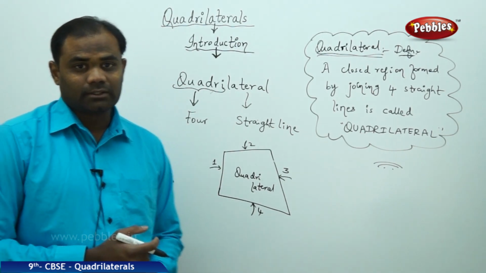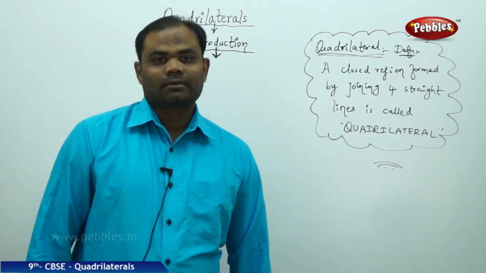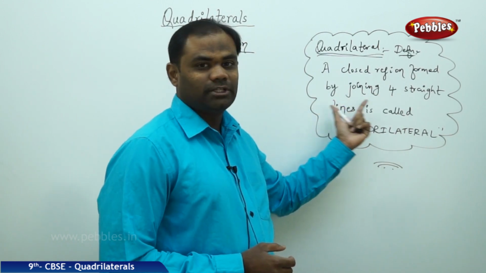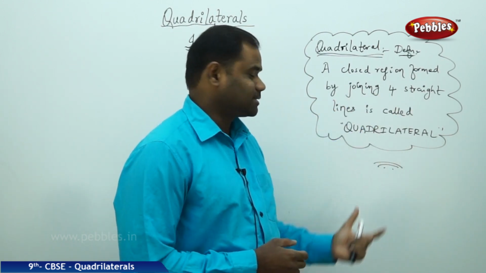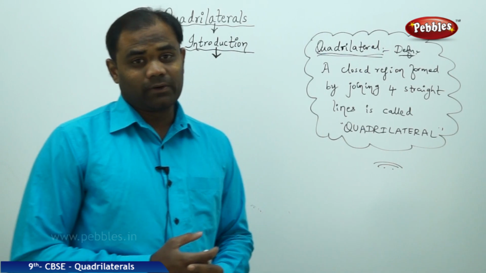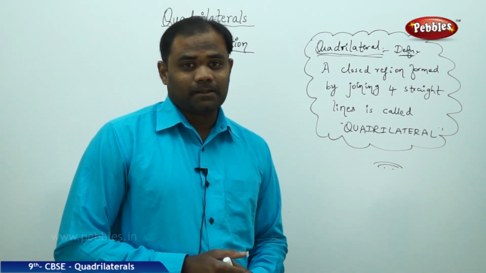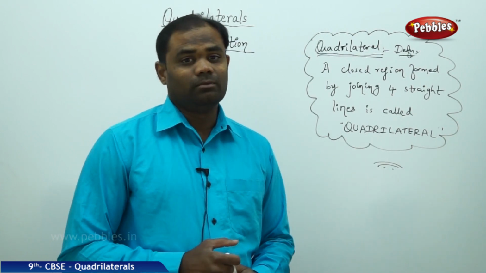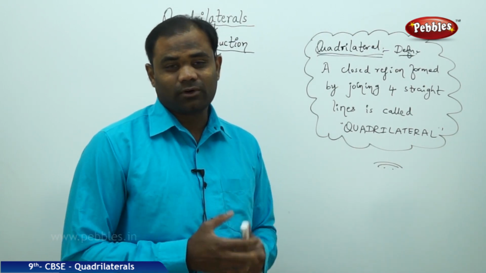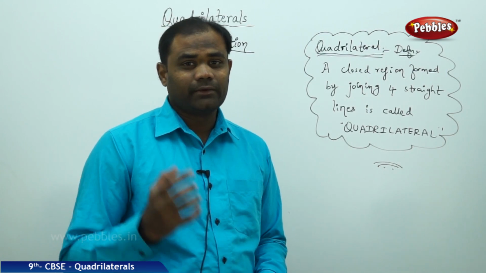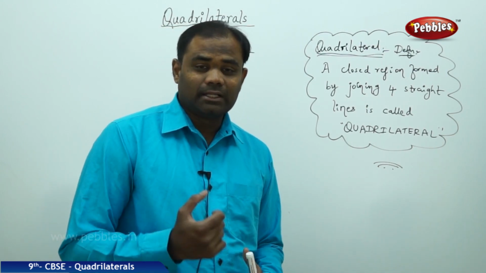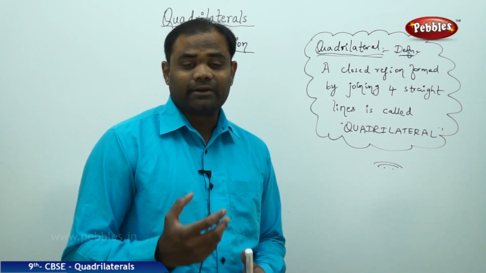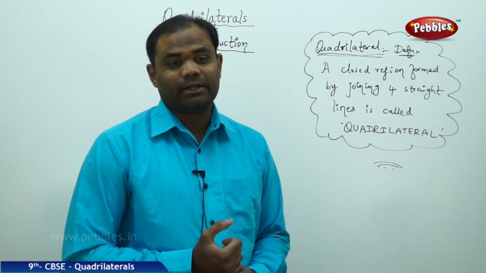Quadrilateral and its diagram. Now that we have defined a quadrilateral to be a closed region formed by joining four straight lines, let's see an extended definition for understanding quadrilaterals better. There are two types of quadrilaterals: regular and irregular, or ordered and unordered quadrilaterals.